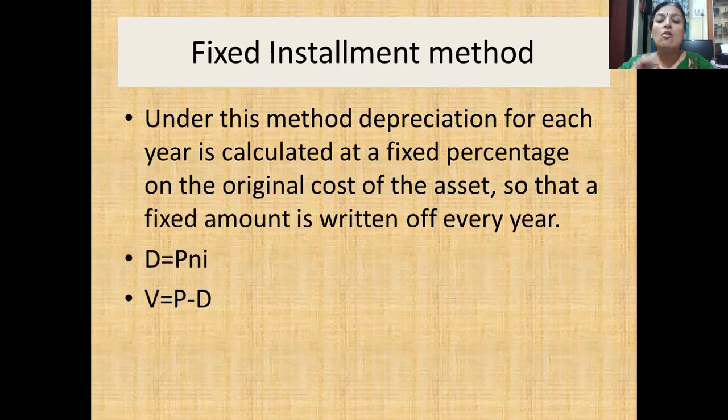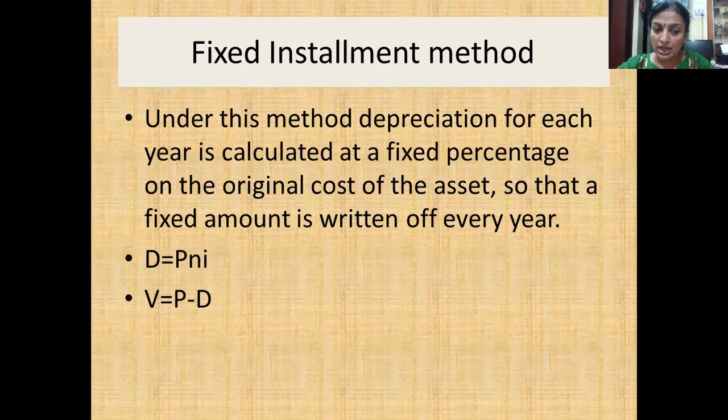That means, for example, 1 lakh rupees is P, the original value of the machine, and you are calculating the depreciation for 5 years at 10%, then it is 10,000 per year. That means for 5 years it becomes 50,000.